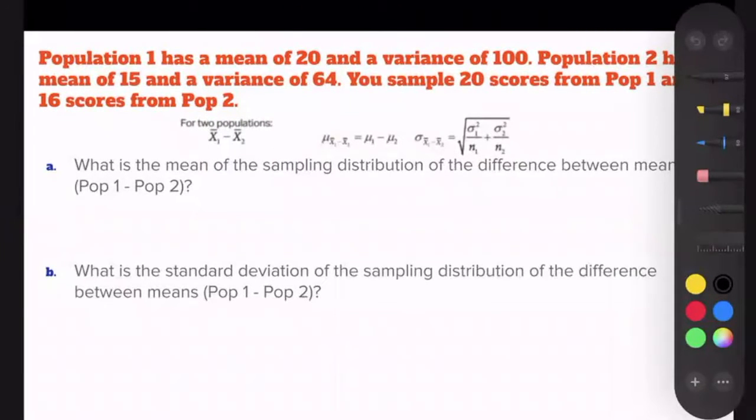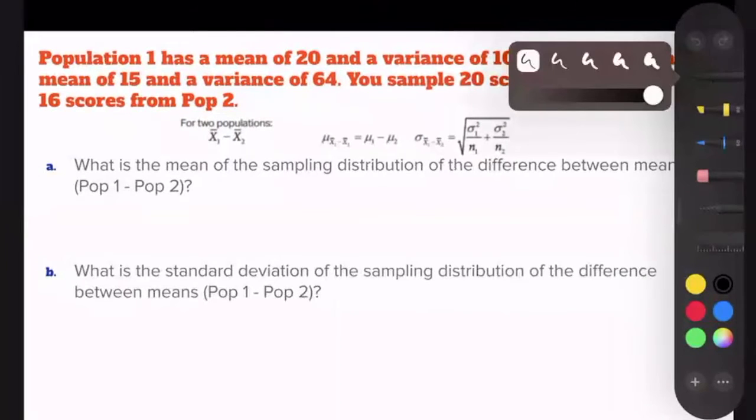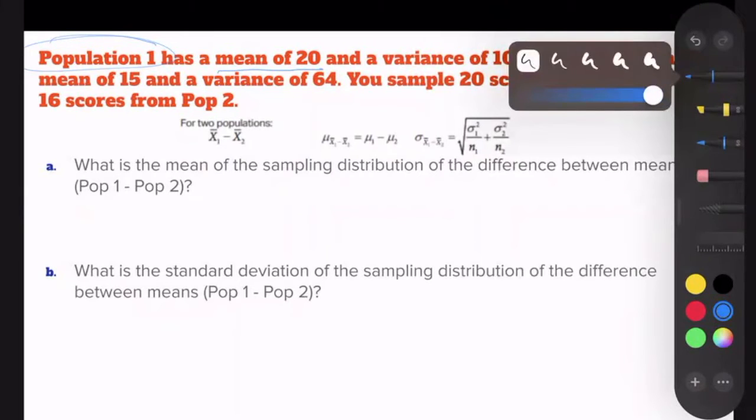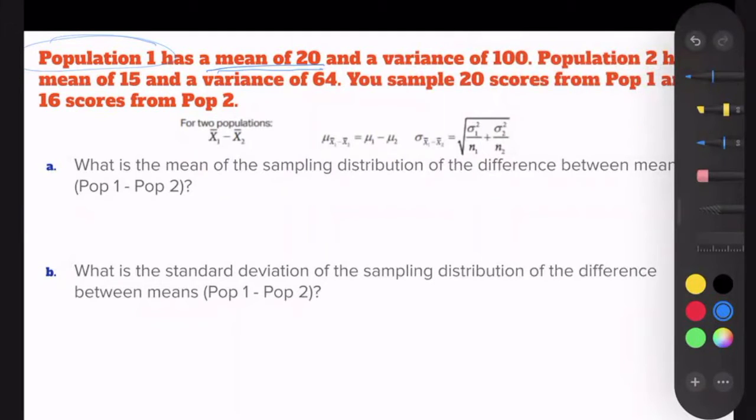all we have to do in terms of finding the mean in a problem like this is to actually just subtract. Okay, so it says we have a mean of 20 for population 1 and a mean of 15 for population 2.